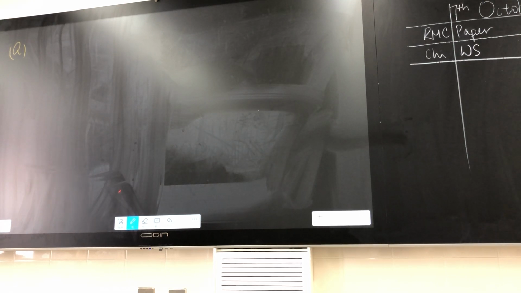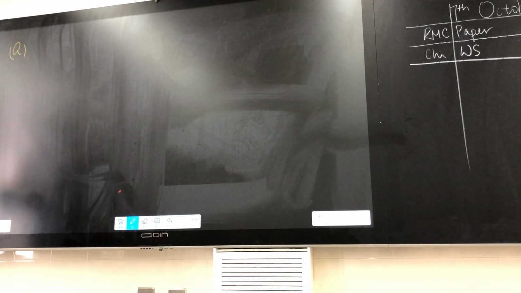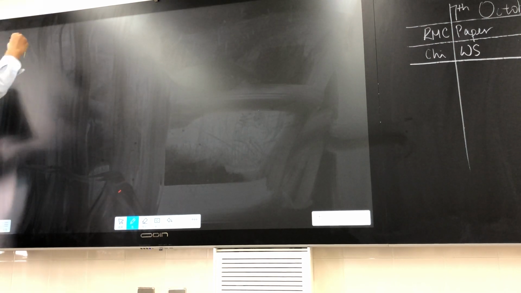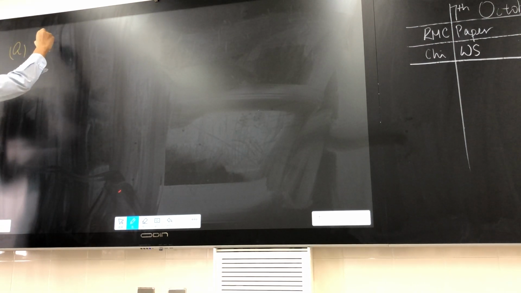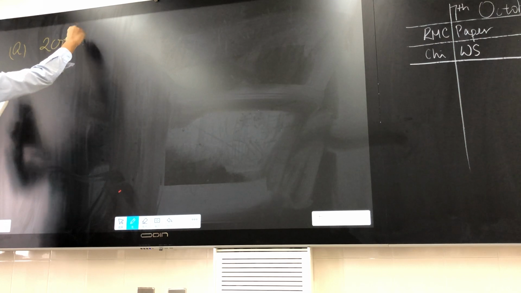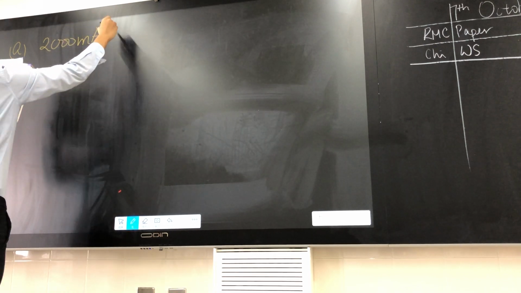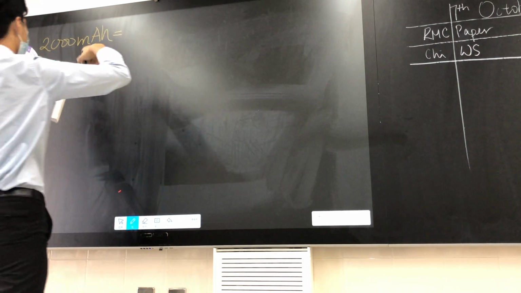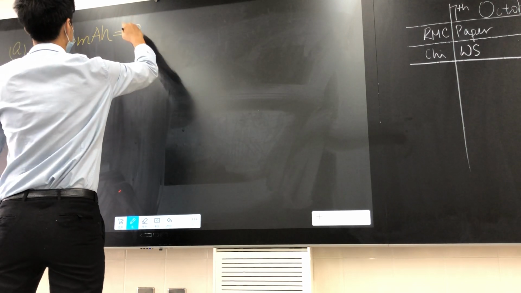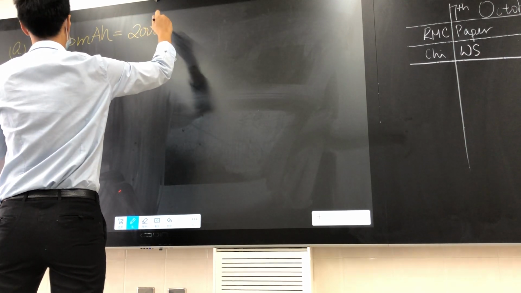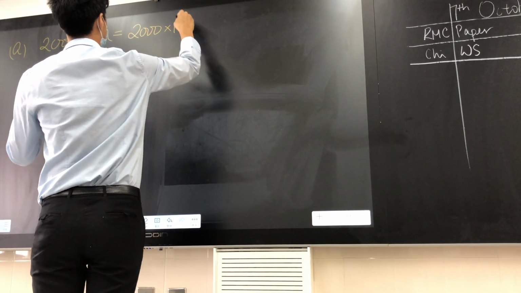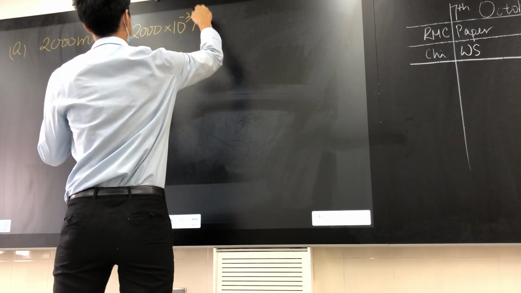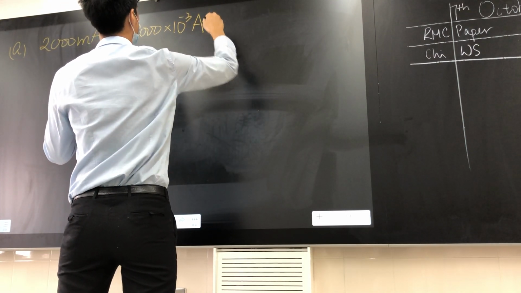for 1 hour. So first look at 2000 mAh, which can deliver a current of 2000 mA for 1 hour.